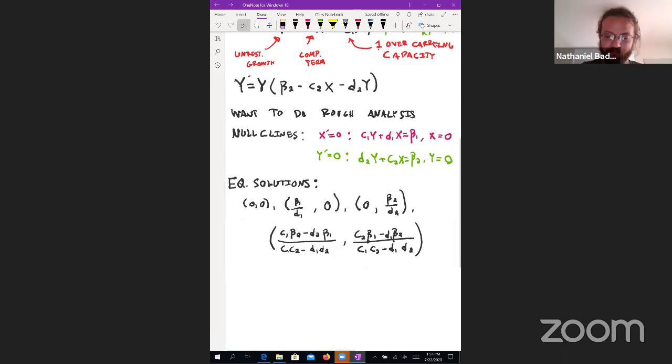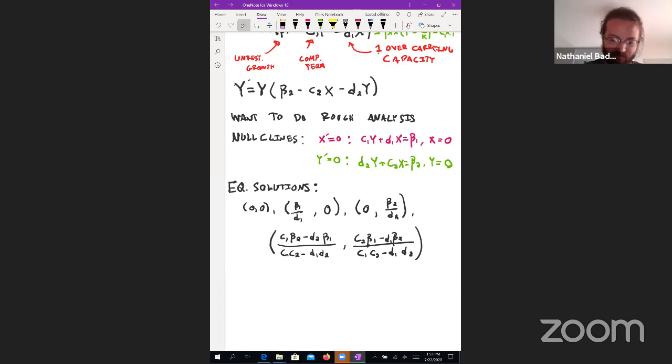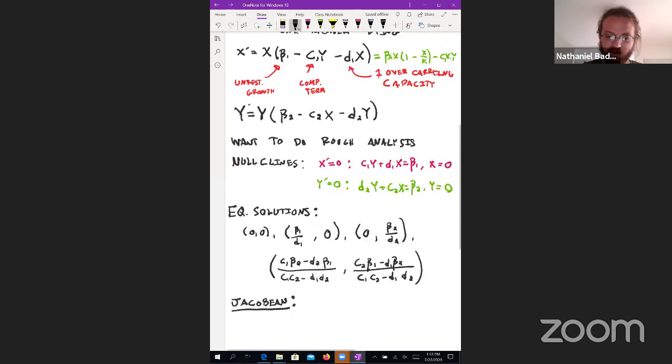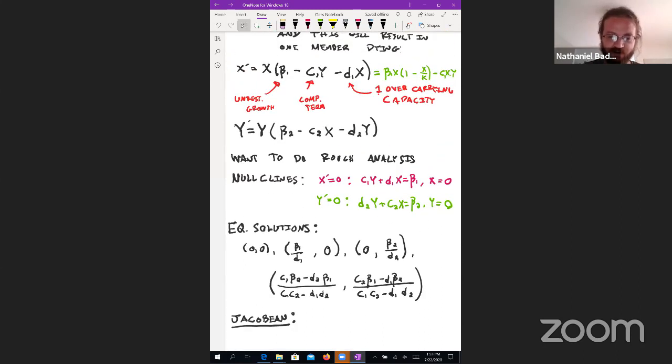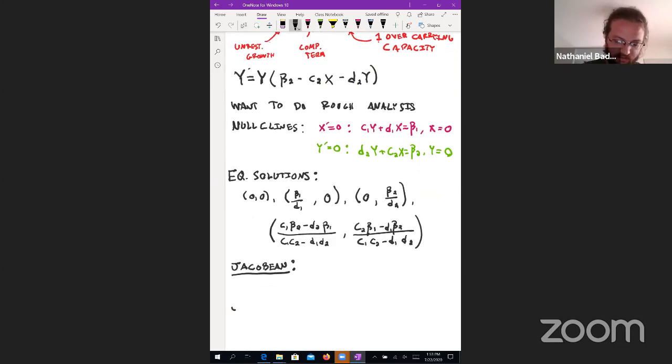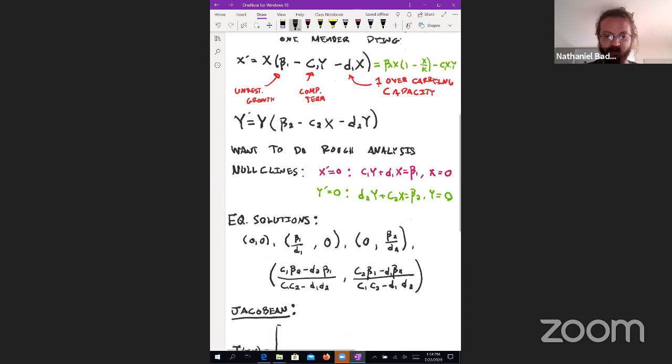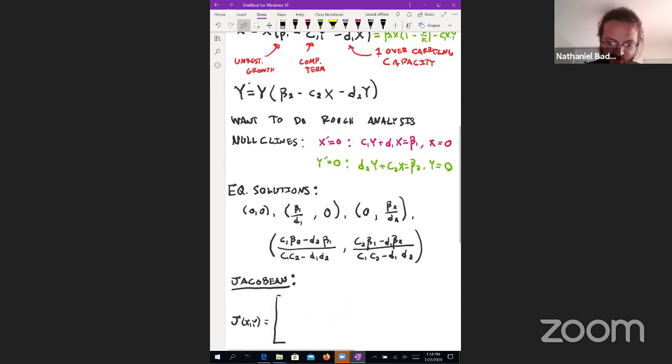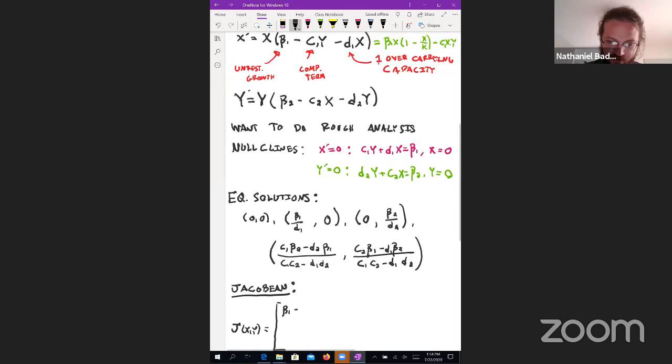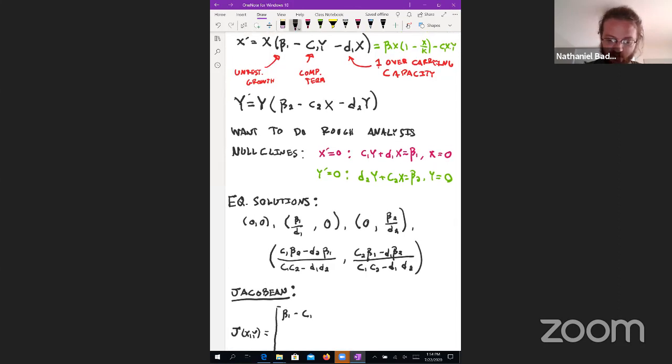So we can write down the Jacobian without too much trouble, right? Just looking at these equations and taking the derivatives, we're going to get J at (x,y) equals, the Jacobian's not super complicated here. The derivative with respect to x of this is going to be beta 1 minus C1y minus 2D1x.